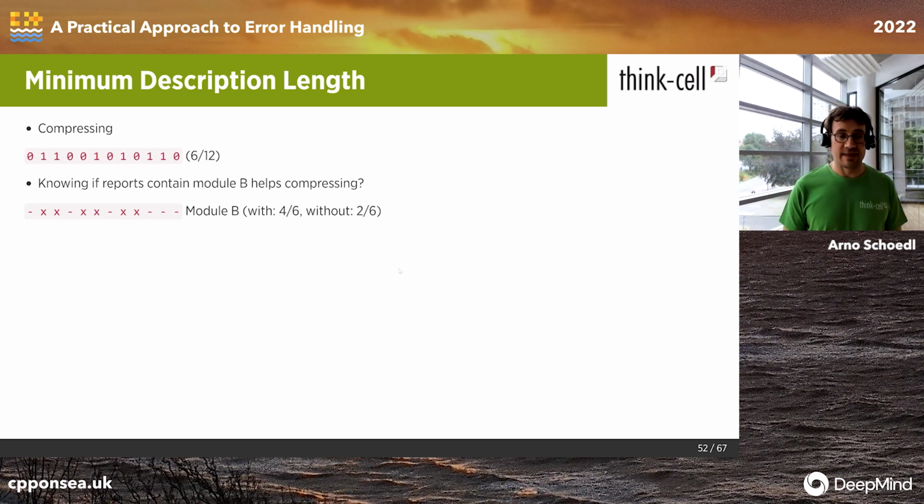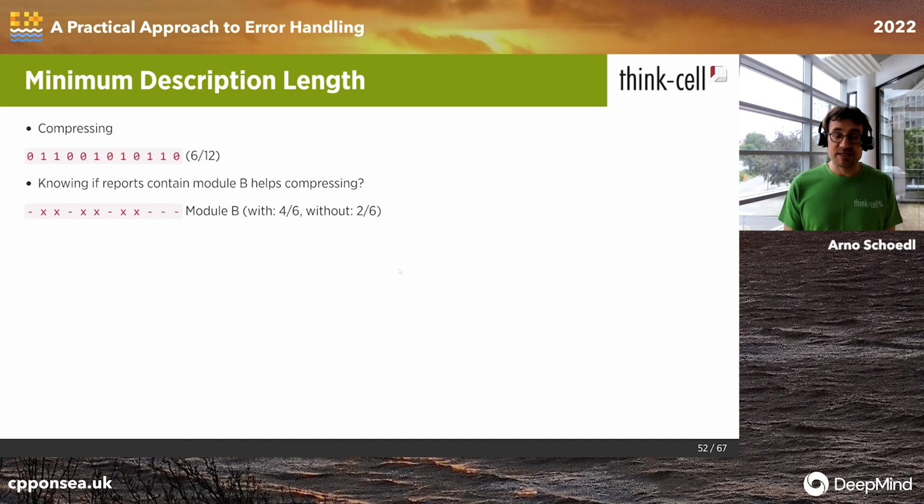The question is, if I know that there is a module B, for example, in that report, does it help me predict whether that report is having the problem? And if that helps me predict whether this report has the problem, that means probably module B has something to do with it. It helps predicting.